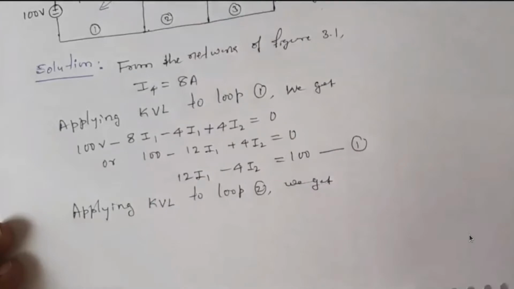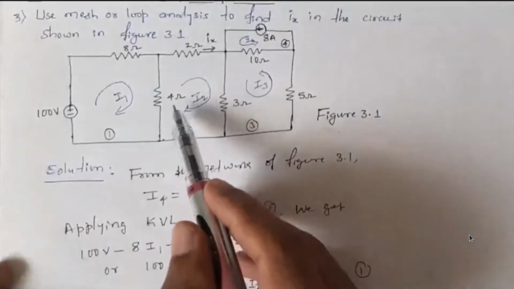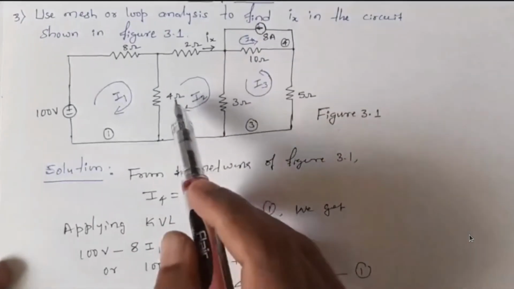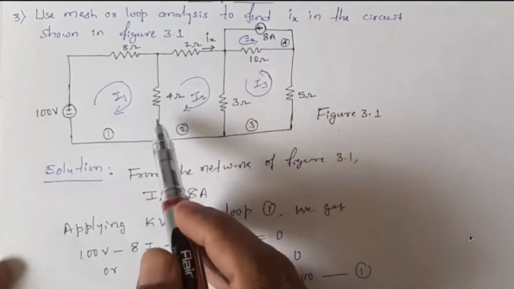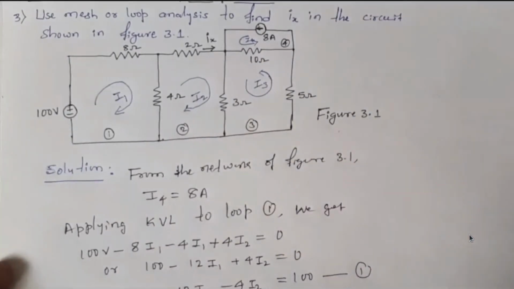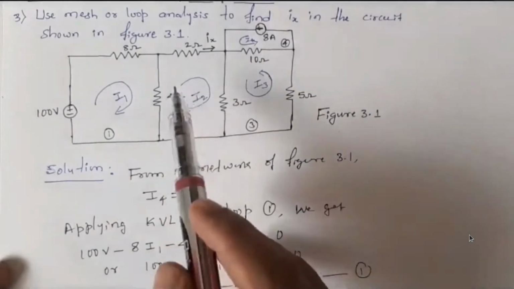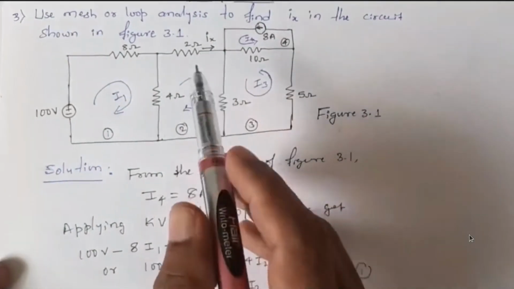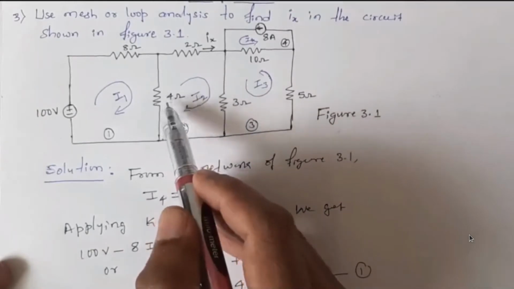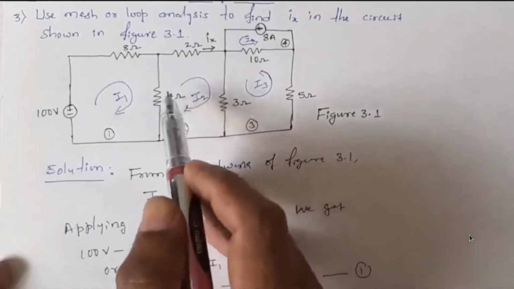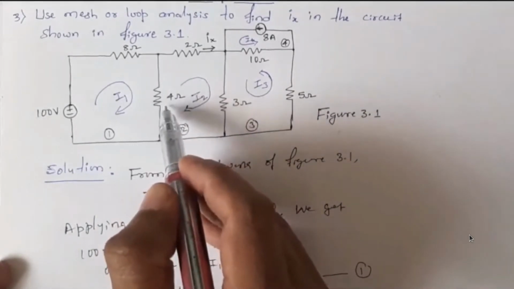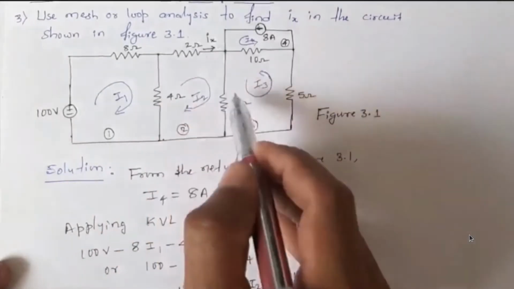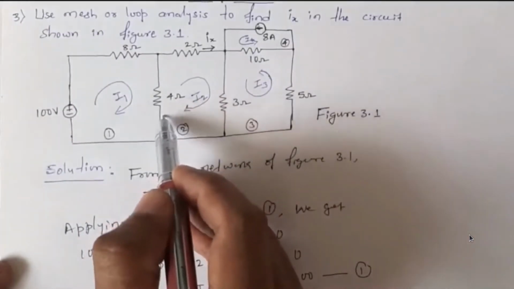This is loop 2, and you are applying KVL to this loop. You can directly write this equation in one step. In which direction are you applying? Let us consider this current I2. I'm going to take this as plus and this as minus, because the current is flowing in this direction, meaning first it enters here positive, and this is negative.